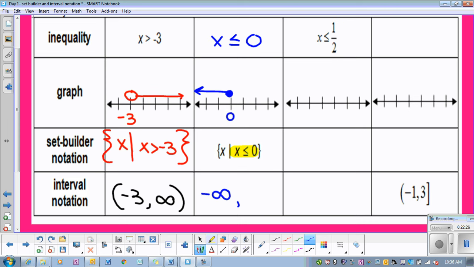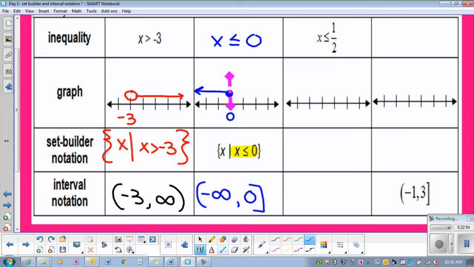And then it stops at 0, right? I know the infinities always get parentheses. What does that 0 get? Parentheses or bracket? Bracket. Thank you. Okay?